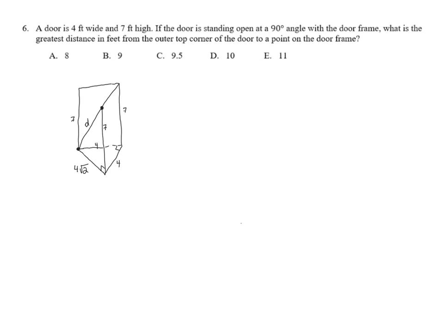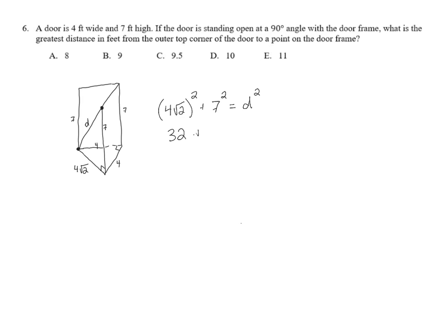Now if we use the Pythagorean theorem, we've got 4 root 2 squared plus 7 squared equals the distance d squared. If we take 4 root 2 and square it, root 2 times root 2 is 2. 4 times 4 is 16, and 16 times 2 is 32.